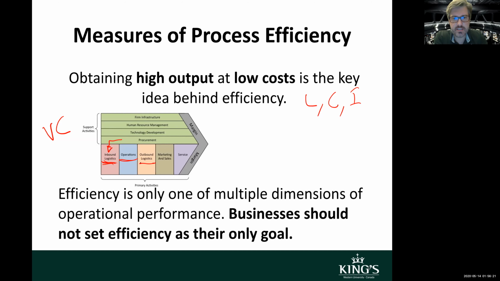Outbound logistics, this is delivery. So these things are directly linked to operations. They are directly linked to COGS, right? So the smaller you can make these three parts, the more likely it is that you will generate a higher margin of profit. You will create more value to your client.